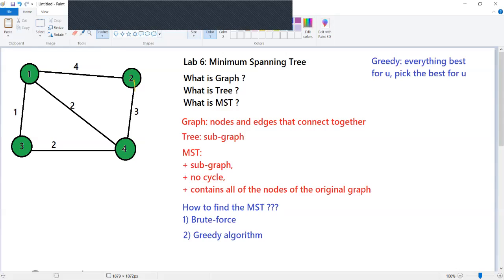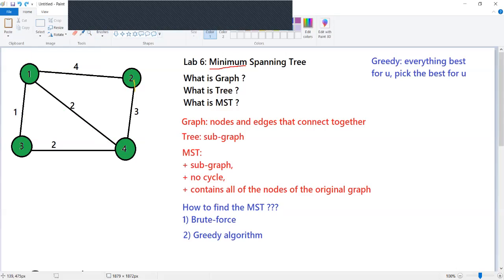Okay. So how does greedy apply to this problem? In this problem, your goal is to find the minimum, right? When you create the MST, you have to consider how you can have the minimum total weight.